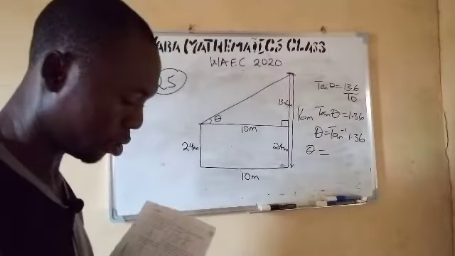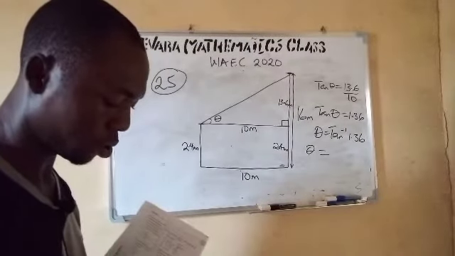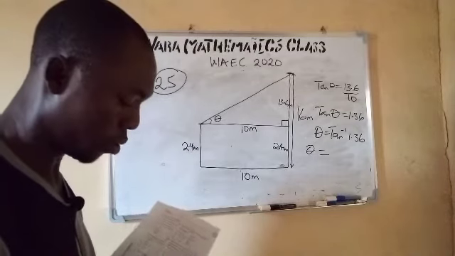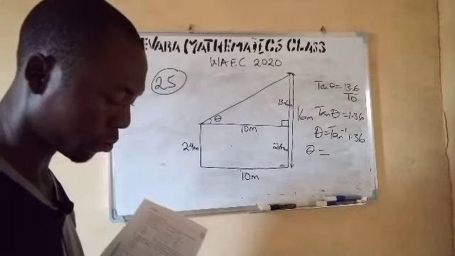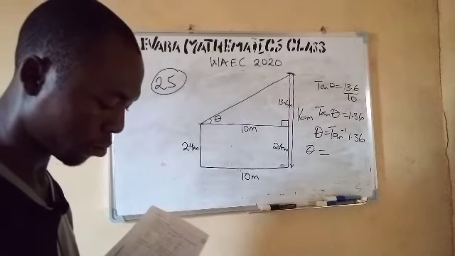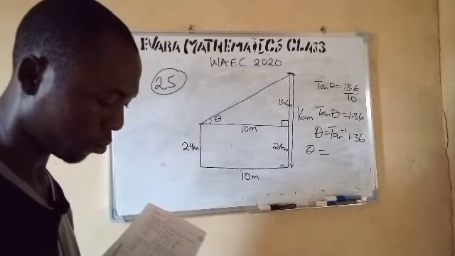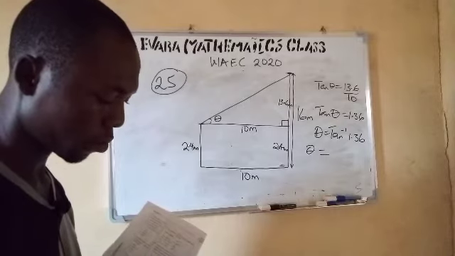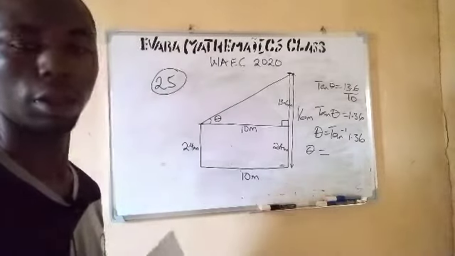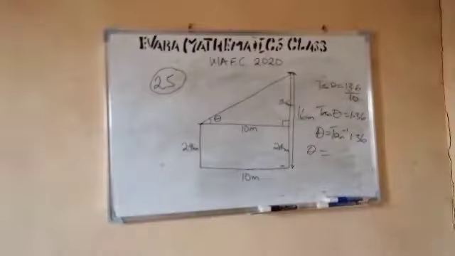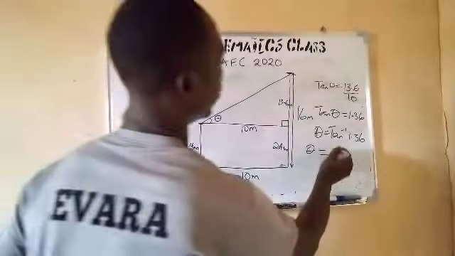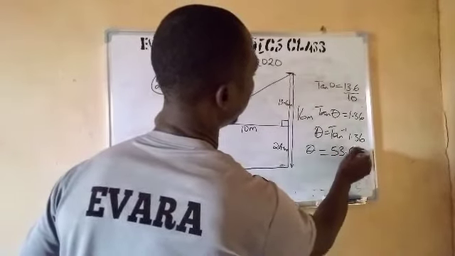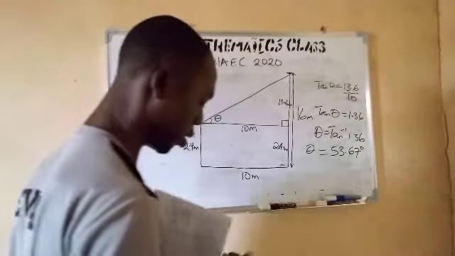Let's see what that gives us. Inverse tan 1.36. Okay. So that will be 53.67 degrees.